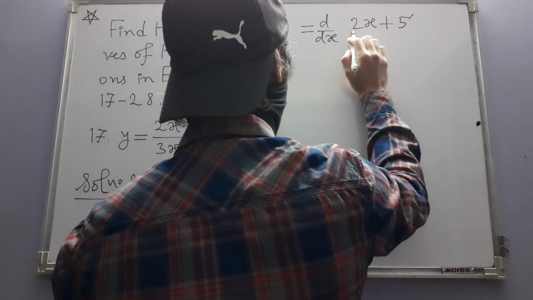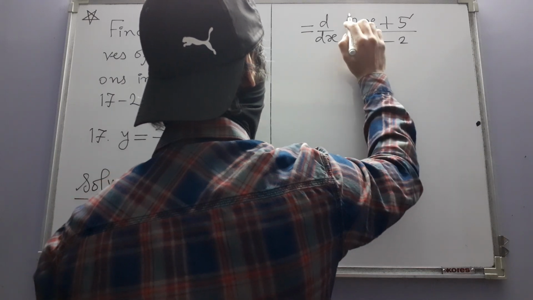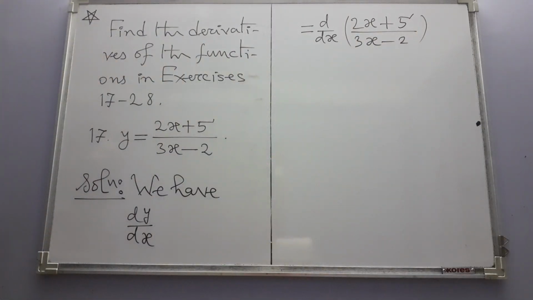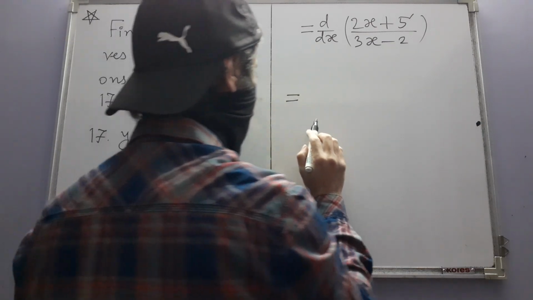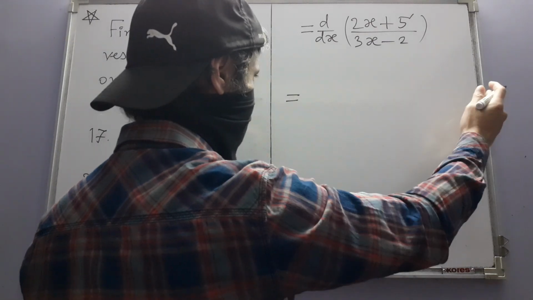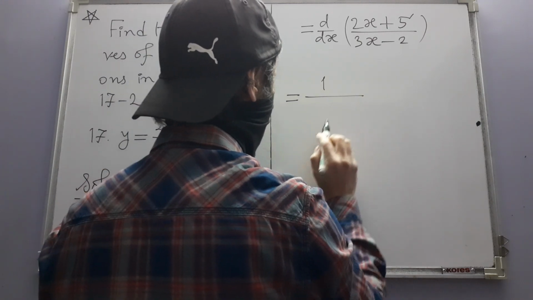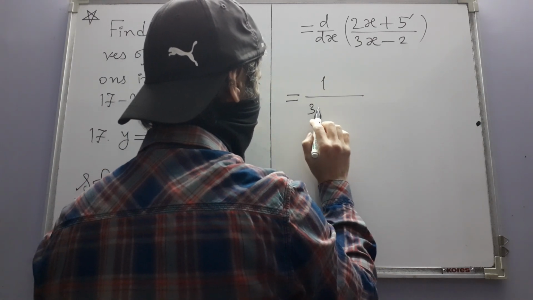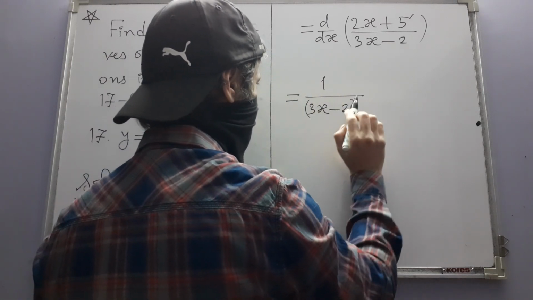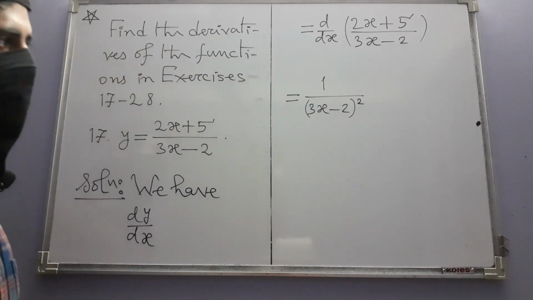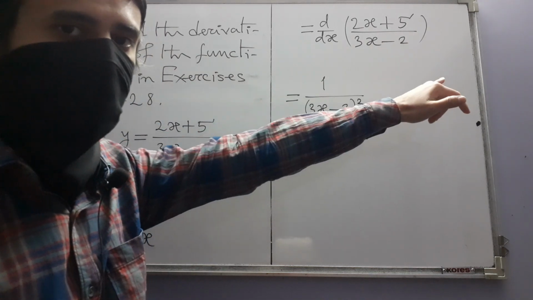Two x plus 5 divided by 3x minus 2. So what does the quotient rule say? It first says that the denominator, since it will take some space, let me first write the denominator separately, like this. This ratio separately.